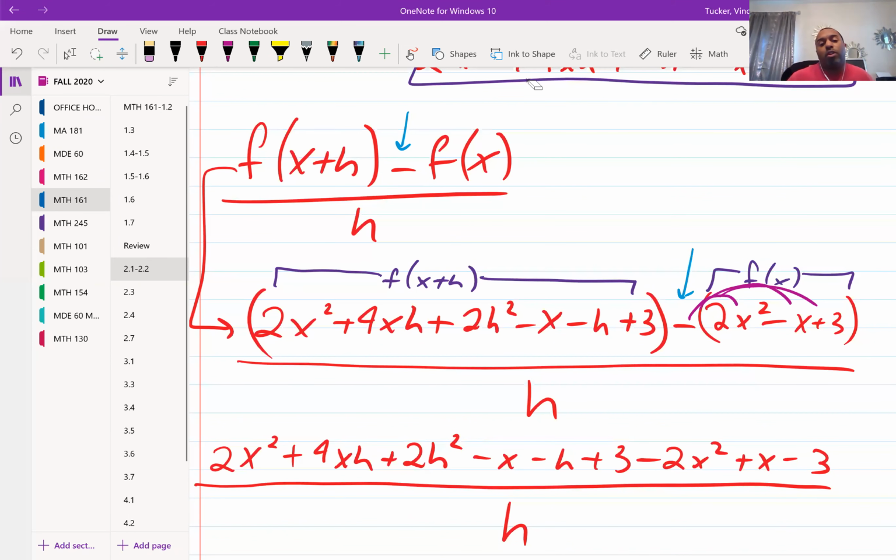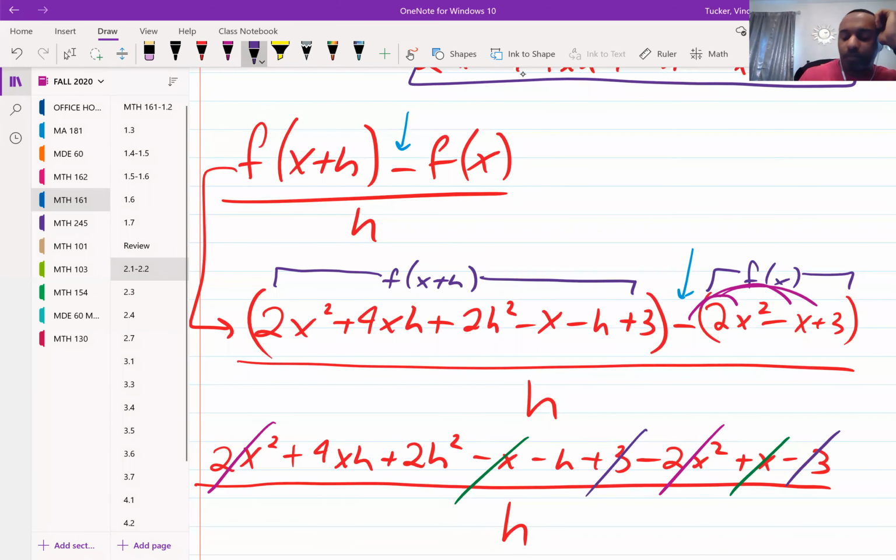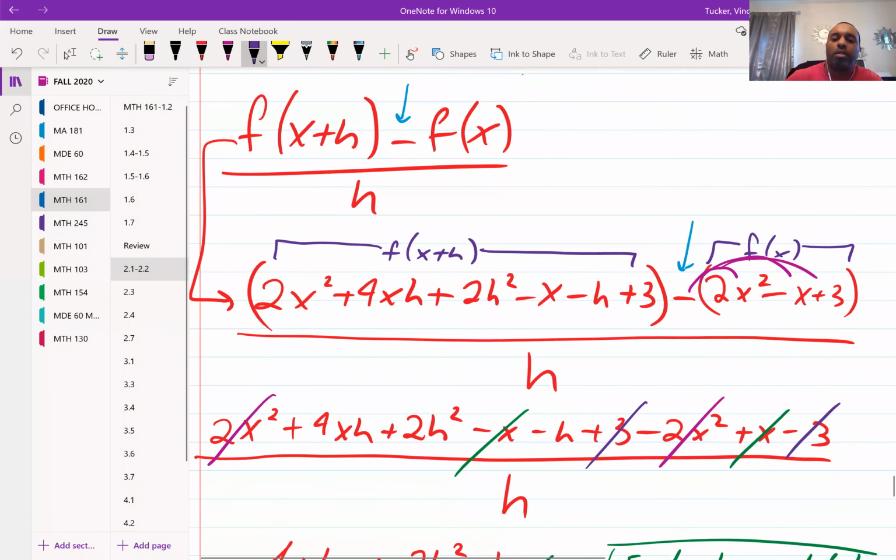So now we can combine the like terms, and that's going to cancel out some things for us. 2x squared and negative 2x squared, negative x and x, and then 3 and negative 3. All right, make sure we're okay.